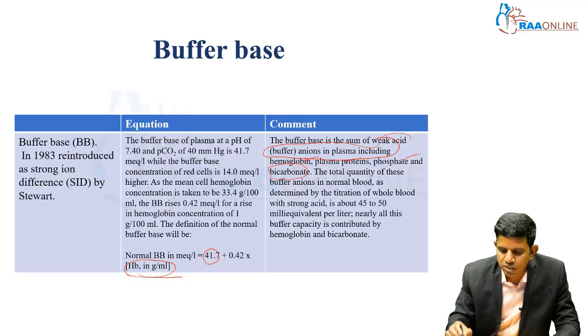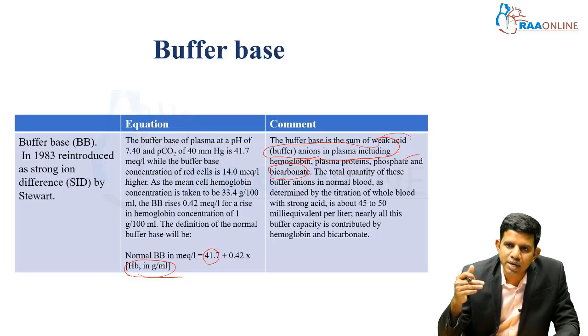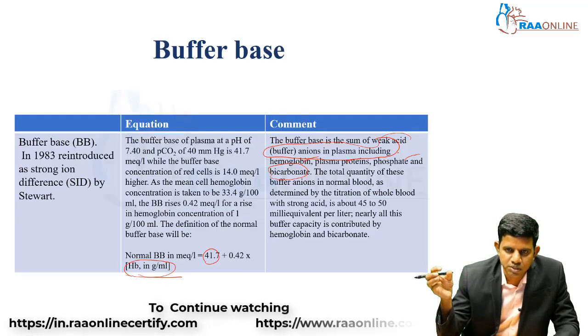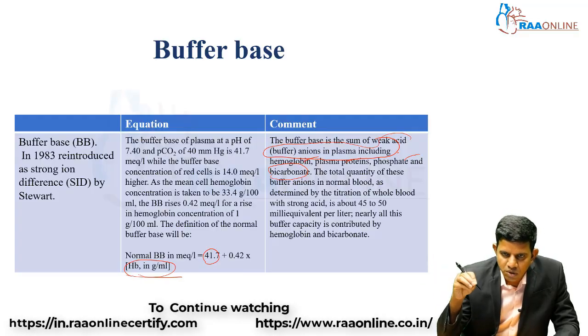Hemoglobin, plasma proteins and phosphates are called the non-carbonic acid buffer system. Bicarbonate is the carbonic acid buffer system. The combination of both, bicarbonate and the non-carbonic, that is the non-bicarbonate buffer system, the concentration of both of these together is called the buffer base.